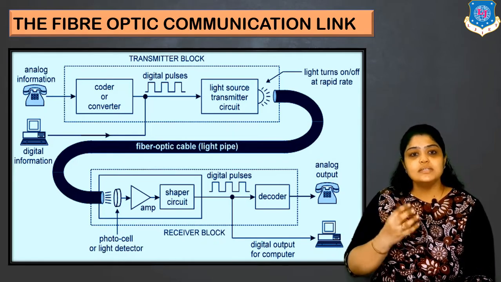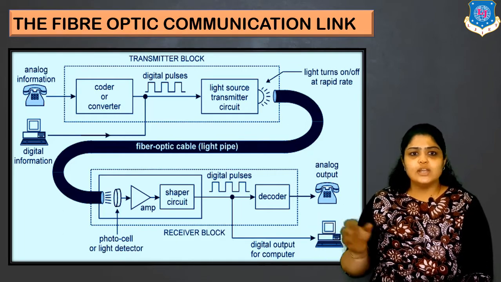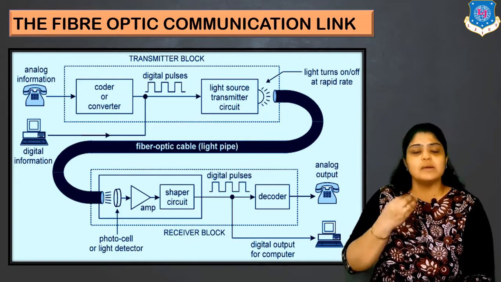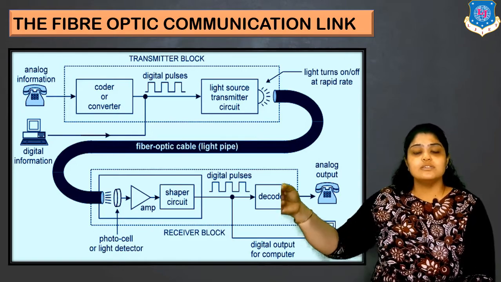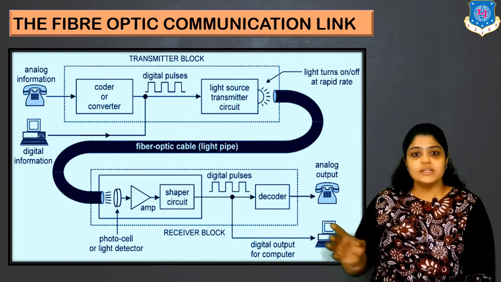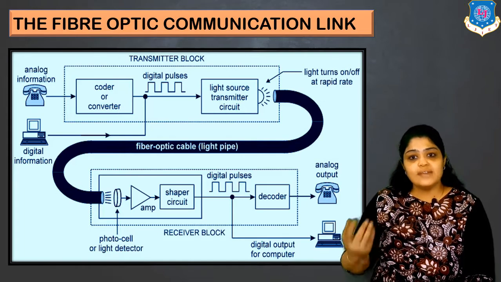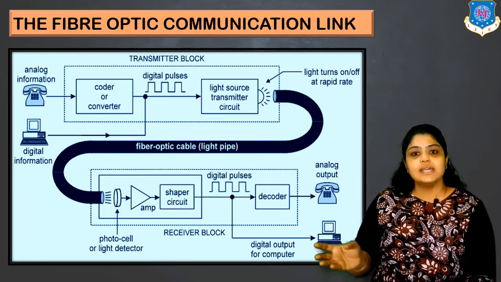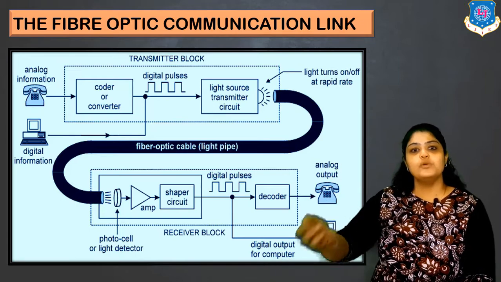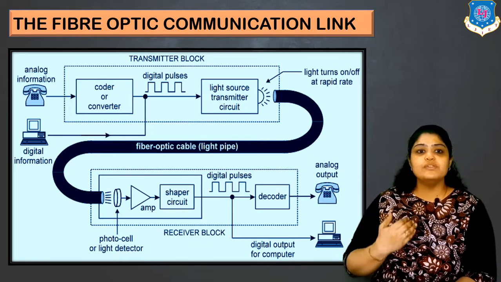This needs to be amplified because we cannot say there is zero attenuation or zero dispersion. There is some amount of attenuation. So there is a signal loss if the signal is traveling through kilometers of distances. So this needs to be amplified. Then it is given to a wave shaper circuit, and then it is converted to digital pulses and it is decoded either to analog output or it is given directly as a digital output. So this forms our receiver block.